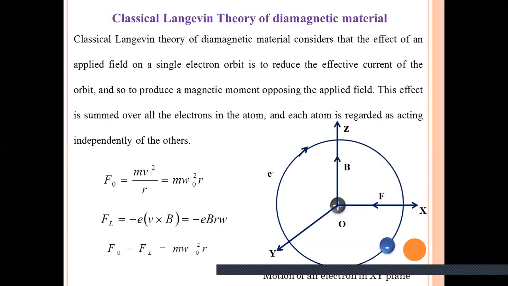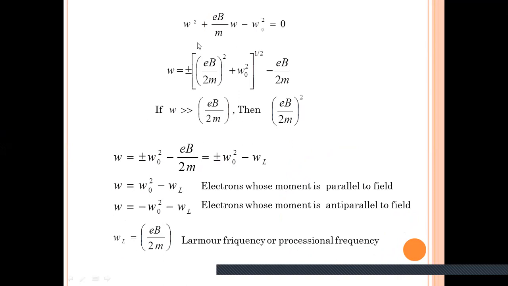Here F0 plus Fl equals m omega square into r. If we put the value of F0 here, which is m omega 0 square into r, and the value of Fl, e B r omega, then we get the equation omega square plus eB upon m into omega minus omega 0 square equals 0.